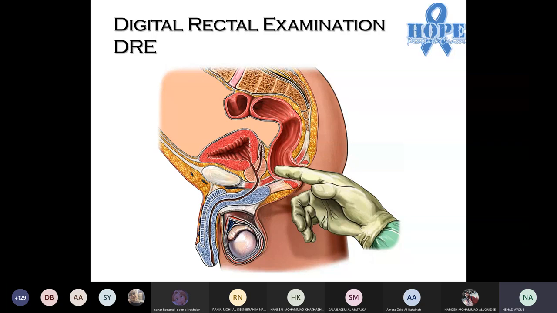Now with the digital rectal examination, what's going on? The physician, wearing a glove, inserts the finger to touch and feel the gland. So they can physically examine the gland.